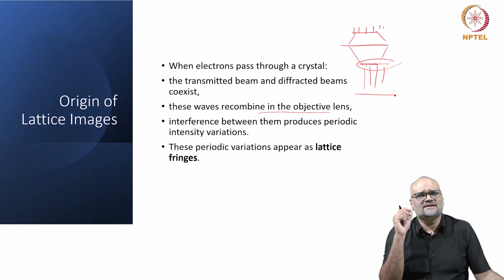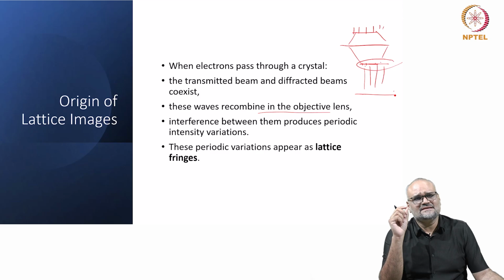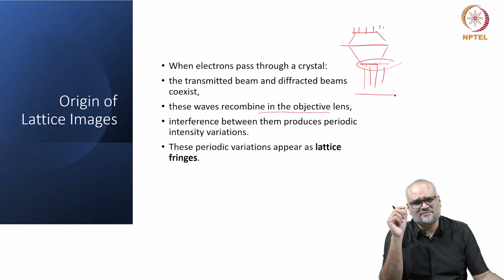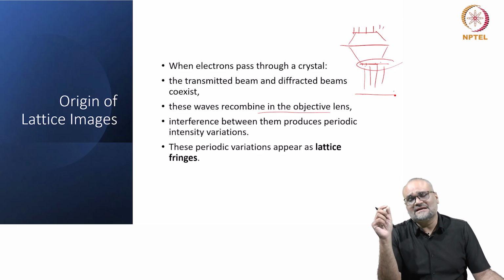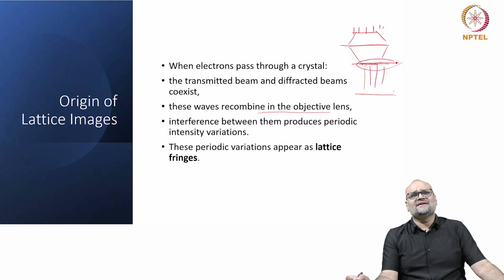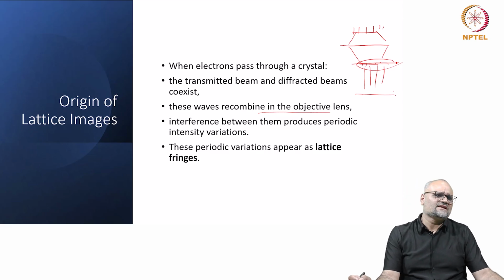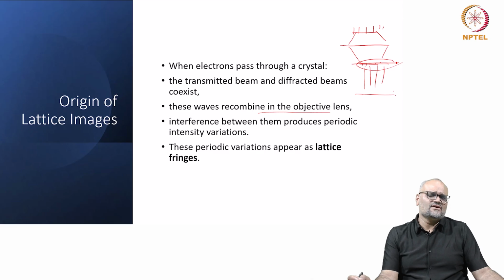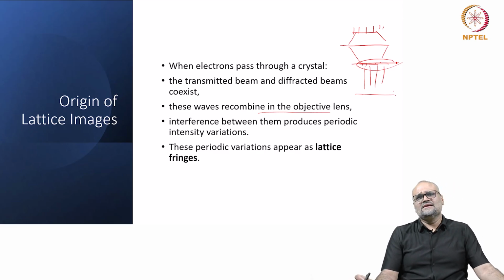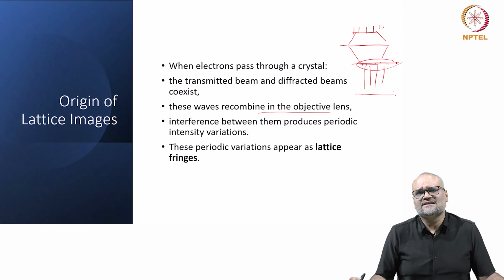The important insight here is that the fringe spacing corresponds to the reciprocal lattice vectors. If you recollect, the information at the back focal plane also corresponded to the diffraction pattern, and when we introduced the stereographic projection and the Ewald sphere and so on, we linked these through the reciprocal lattice vector.